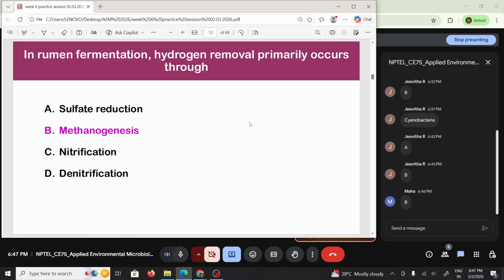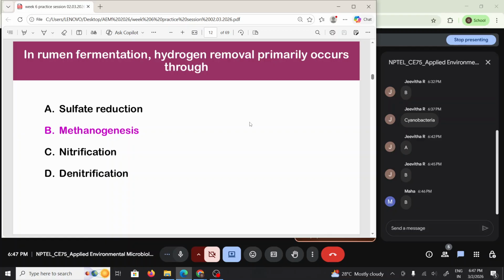So when we talk about rumen fermentation, the primary product is going to be volatile fatty acids, like those that we call as acetate, butyrate, propionate, etc. All these are volatile fatty acids. They are short chain. So these are the primary products in the rumen fermentation.